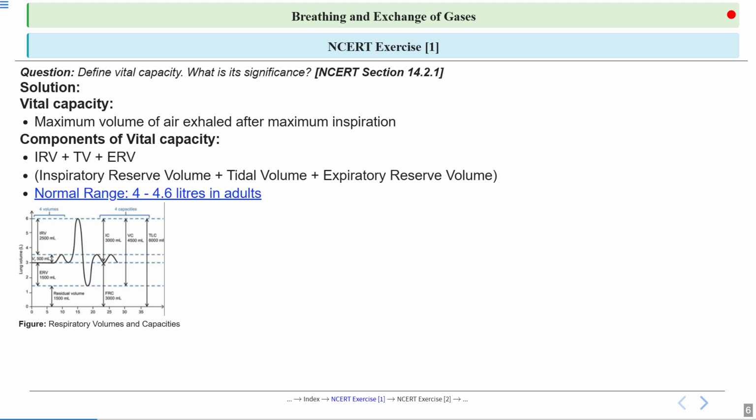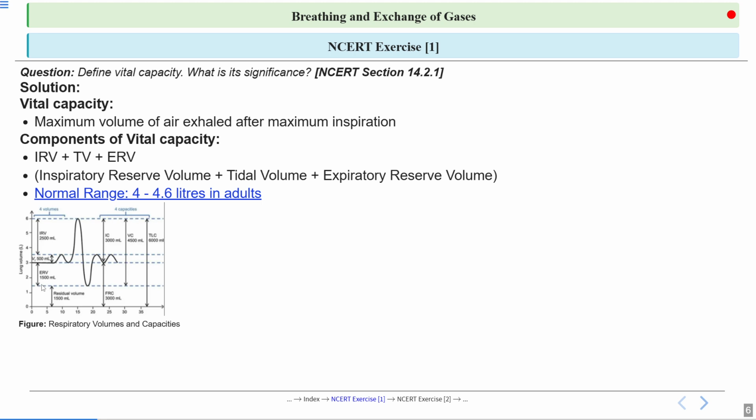Here you can see the graph: the inspiratory reserve volume is around 2500 ml, and there is tidal volume, that is 500 ml, and there is expiratory reserve volume.